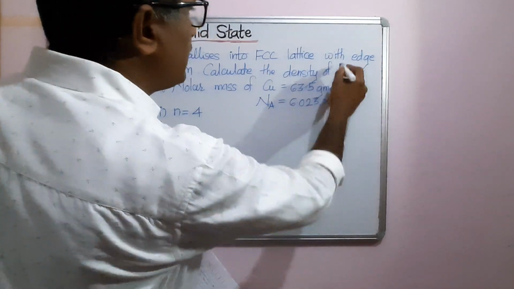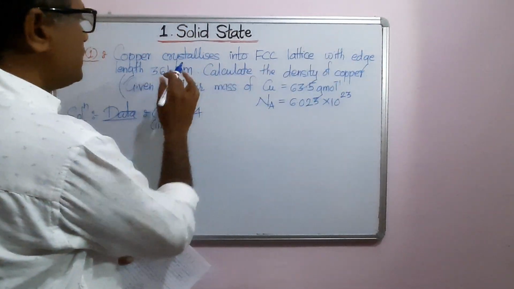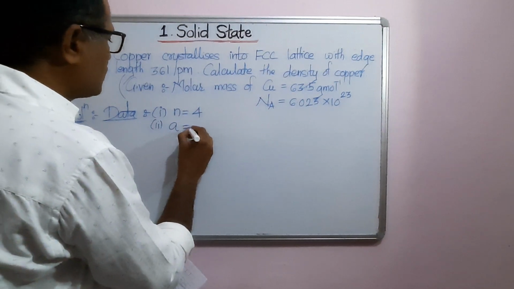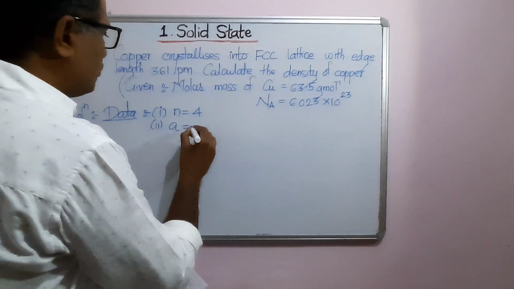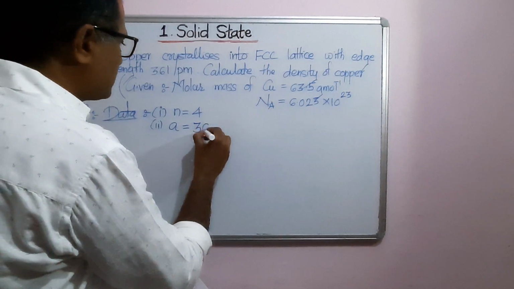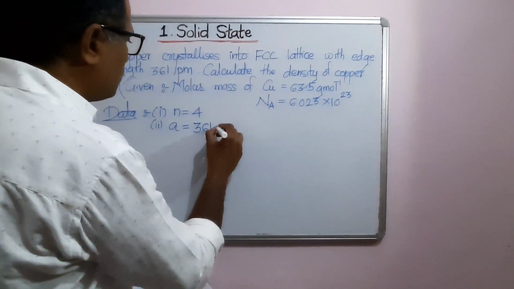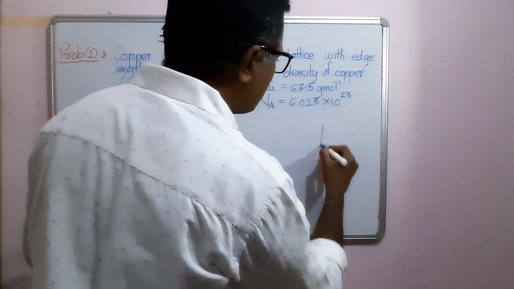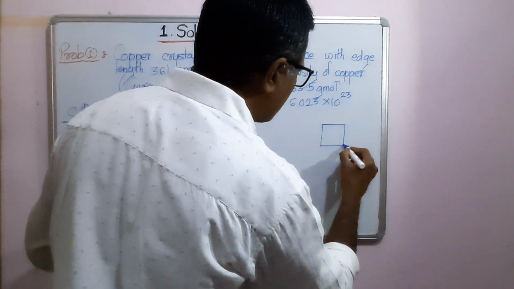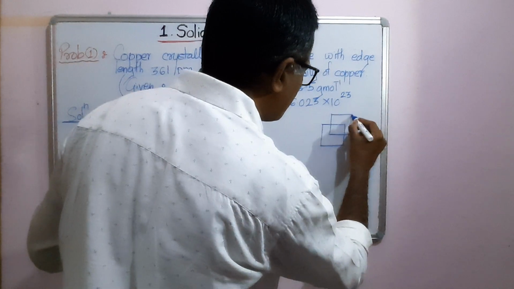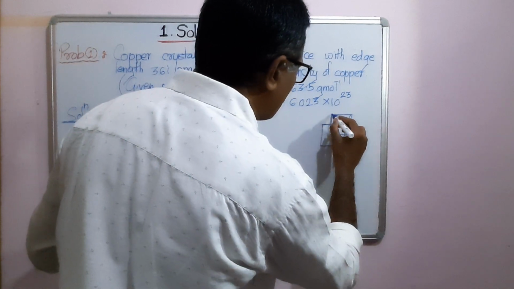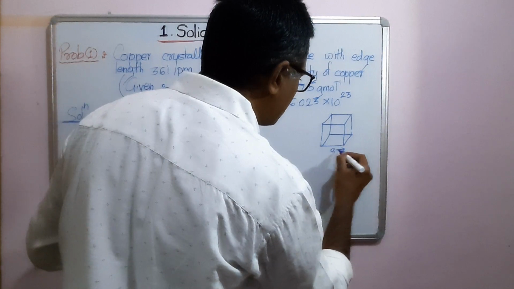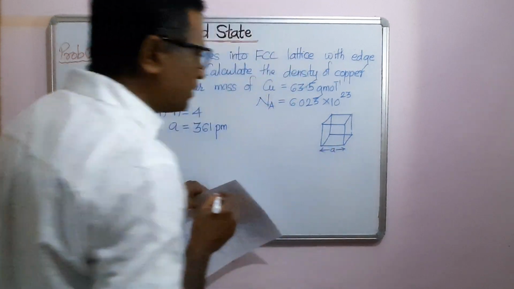Then the second thing, the edge length of that particular unit cell, is given. For edge length we use a. So here you have the edge length given as 361 picometer, of that particular cube.